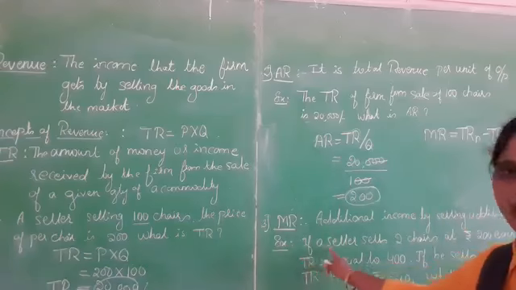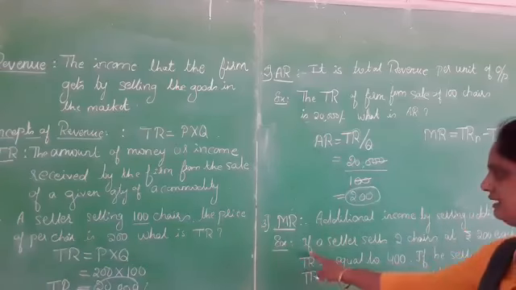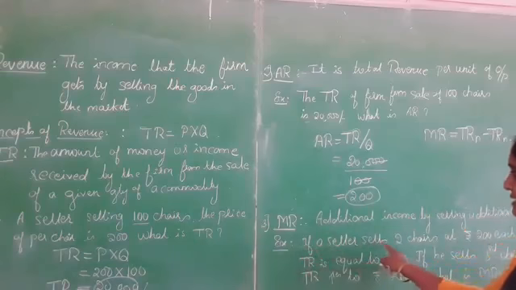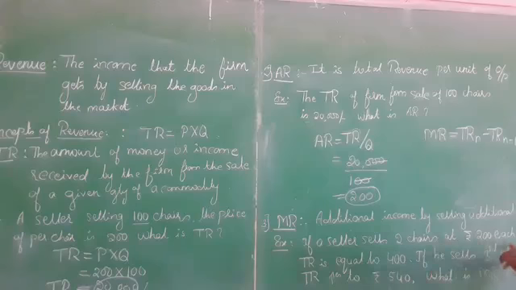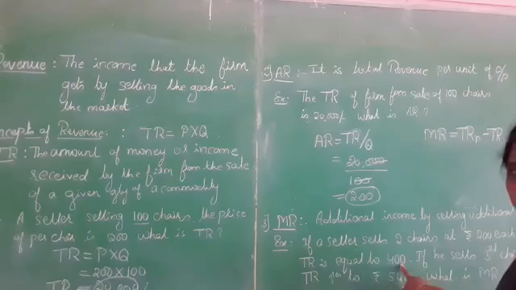Here I have taken one more question. A seller is selling 2 chairs at rupees 200 each, which means his total revenue is 400.